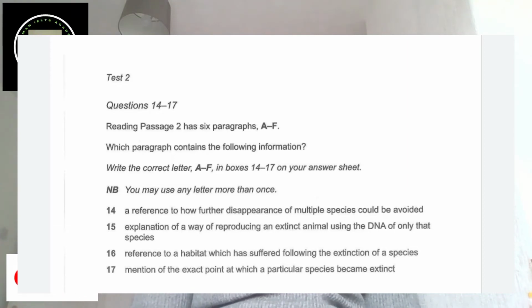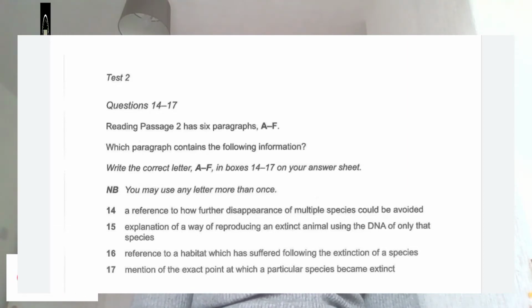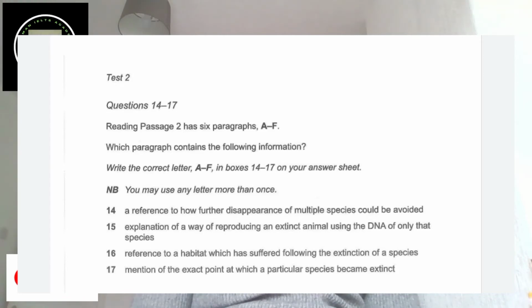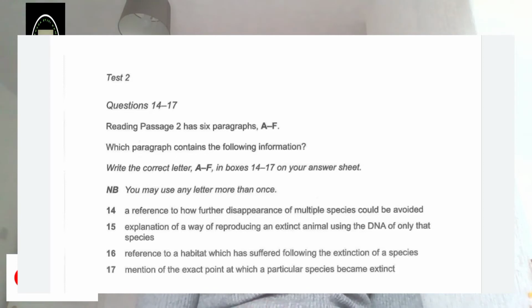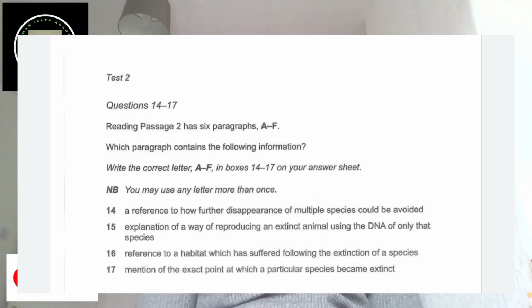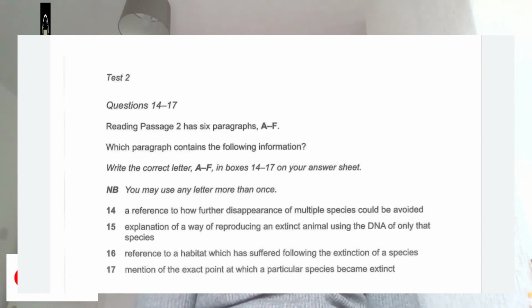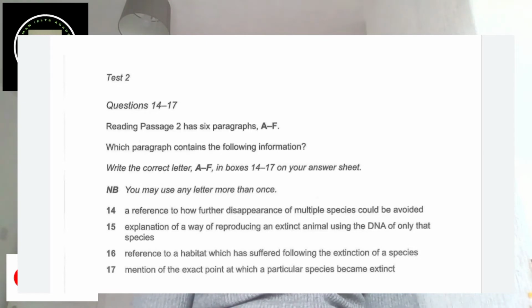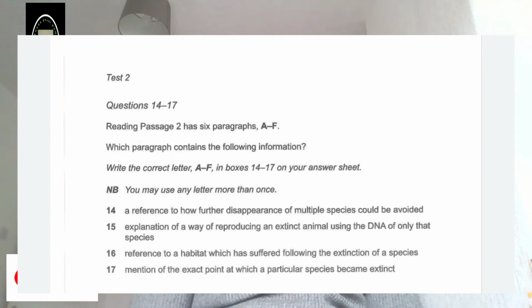16. Reference to a habitat which has suffered following the extinction of a species. Do they talk about a particular habitat that has suffered because a species went into extinction? I don't think they refer to any habitat that suffered. Now, the last one.